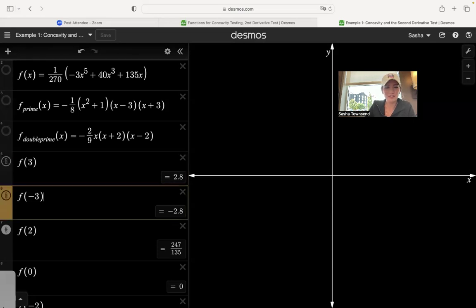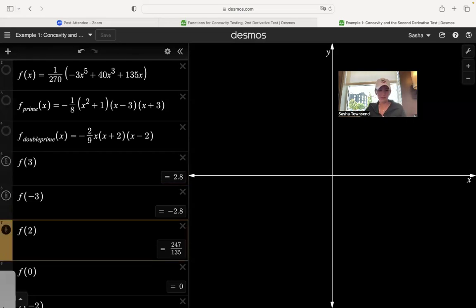Okay, so I'm just using Desmos as a calculator now to find f of 3 and f of -3. F of 3 turns out to be 2.8, and f of -3 equals -2.8. And then at our points of inflection, we had f of 2, f of -2, and f of 0.